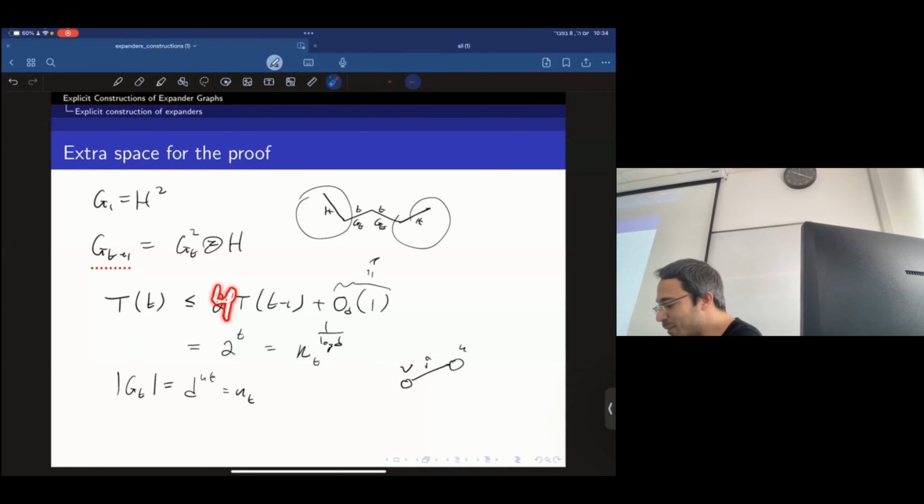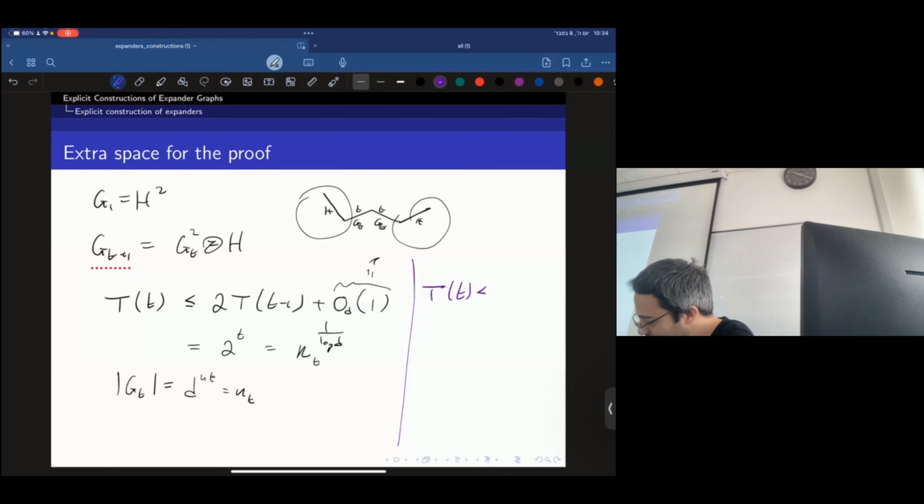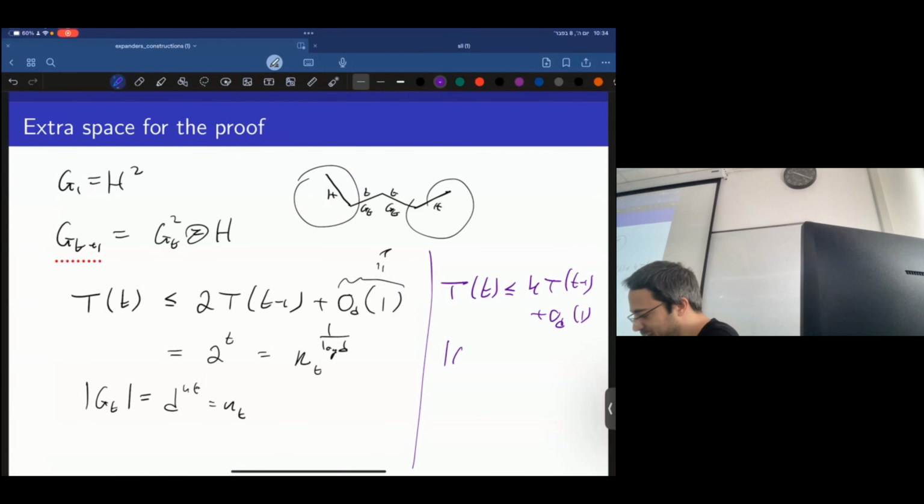So you get the same recursion, but you're only shooting for t, which is log n rather than n. Let me do it here so that we can see the differences. Now T of t is at most 4 times T of t minus 1, plus O of 1 because it's zigzagging with H. The point now is that the size of GT is roughly, ignoring the D, 2 to the 2 to the t, unlike 2 to the t from before.